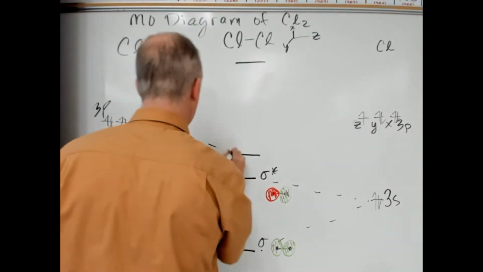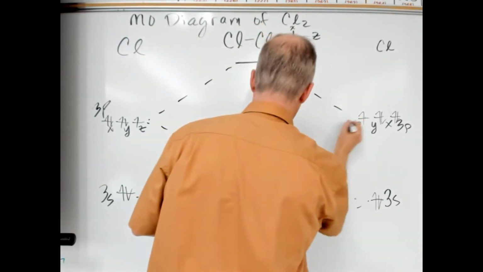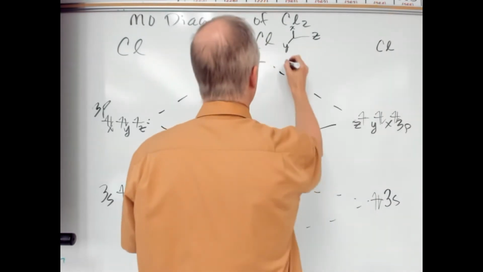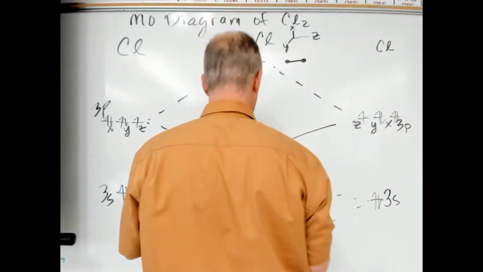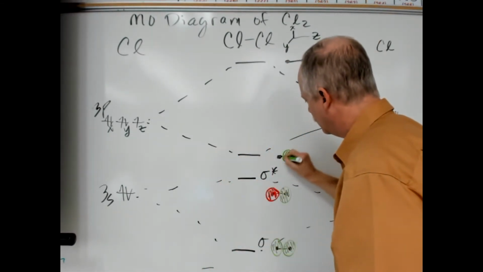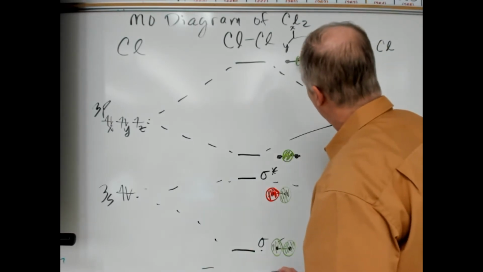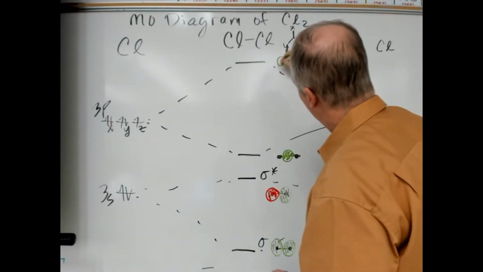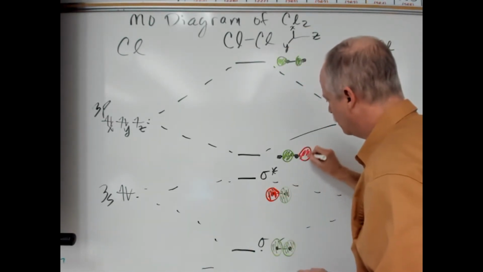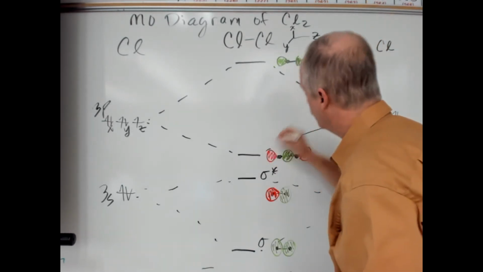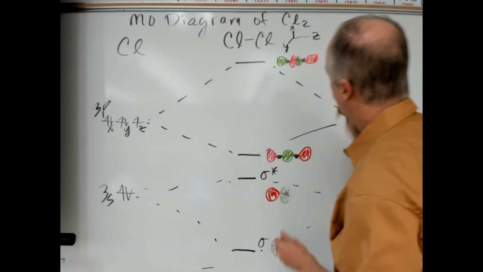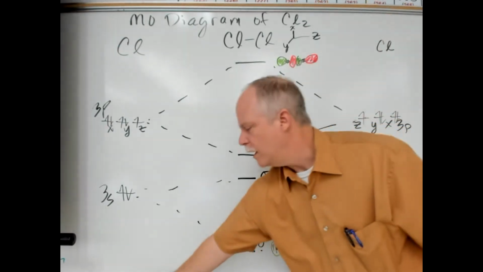So the Pz's are going to come together in phase and out of phase. And here we can see two nodes.